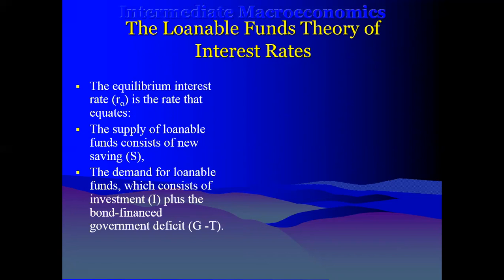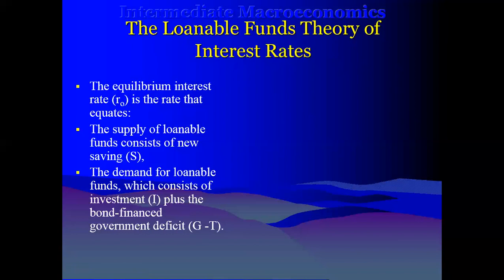So the demand side of the loanable funds market becomes the summation of investment and then the bond-financed government deficit. So the G minus T here stands for the government trying to finance a budget deficit through the buying of bonds. I'm sure you know that when the government wants to finance a deficit, it can do this through bonds, demanding bonds, or through printing of money, or through tax.